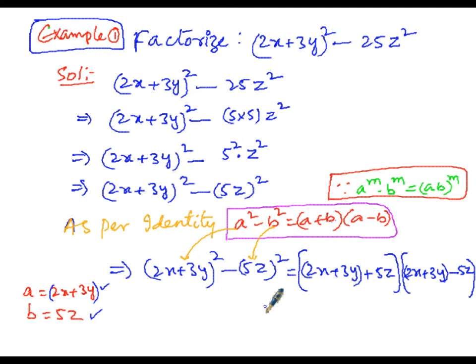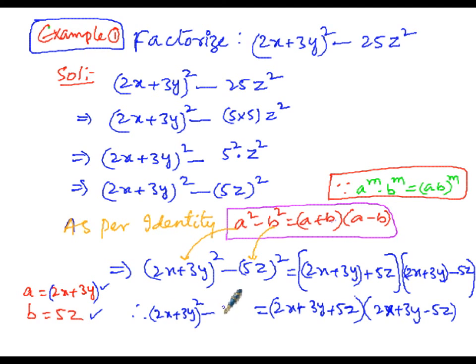So that equals 2x plus 3y. Now we are going to remove the small brackets within the square brackets. 2x plus 3y plus 5z written as it is, is the first factor. Then the next factor: when brackets are removed, since before this bracket there is a positive sign, there won't be any changes in the signs. So 2x plus 3y remains the same, minus 5z. So in this manner, 2x plus 3y whole square minus 5z whole square is equal to 2x plus 3y plus 5z into 2x plus 3y minus 5z. Hence 2x plus 3y whole square minus 25z square is equal to 2x plus 3y plus 5z into 2x plus 3y minus 5z.